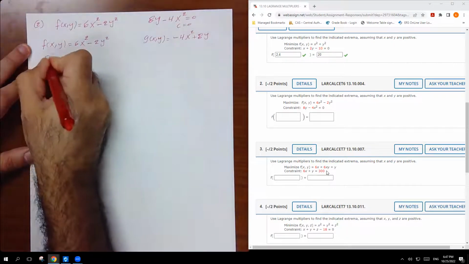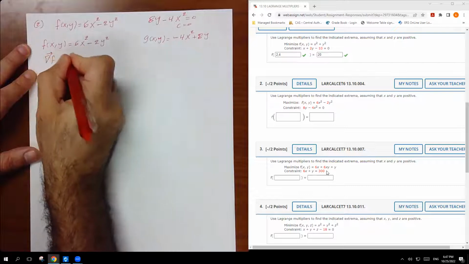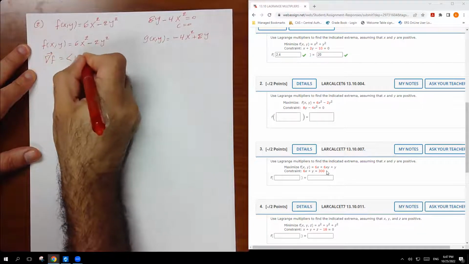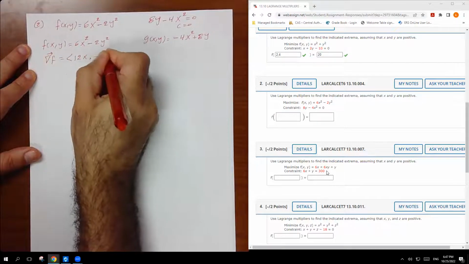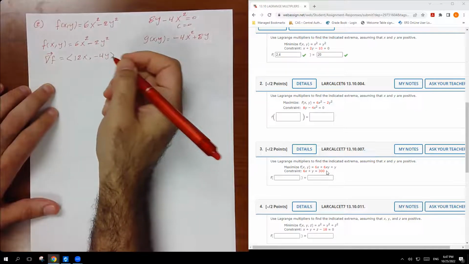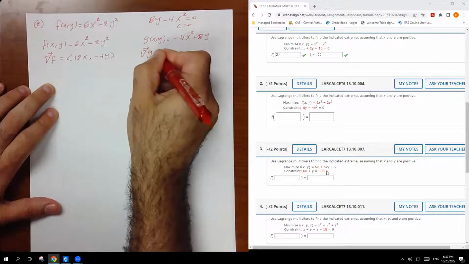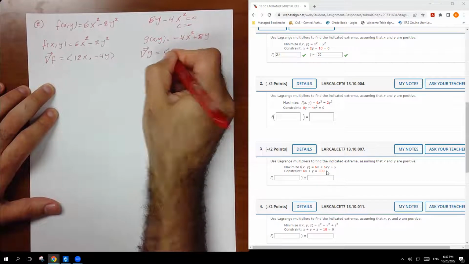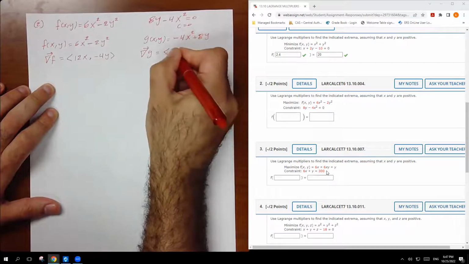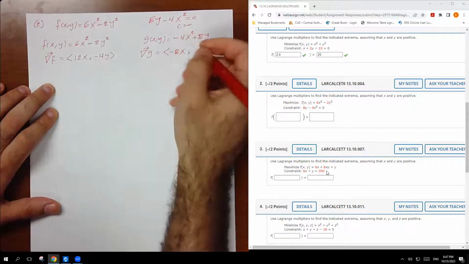So the gradient for f is going to be 12x and negative 4y. And the gradient of g is going to be negative 8x and 8.